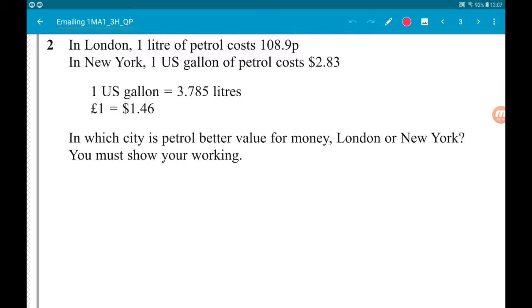So, in New York, we can get 3.785 litres for $2.83.